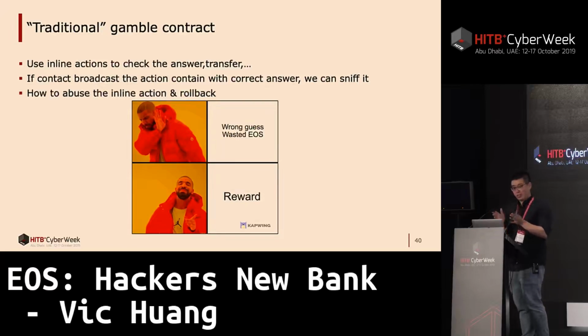With this kind of mechanism, you can let the player know the results very fast, but it causes some problems, because if one of the actions in a row errors, all the actions will be rolled back. So as a player, we don't want to gamble and waste EOS or make a wrong guess. We only want rewards.